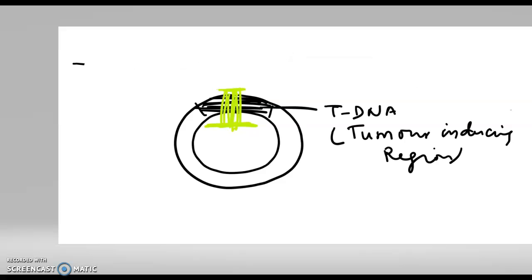So finally, what we have learned in today's lecture is that there are different kinds of plasmids.